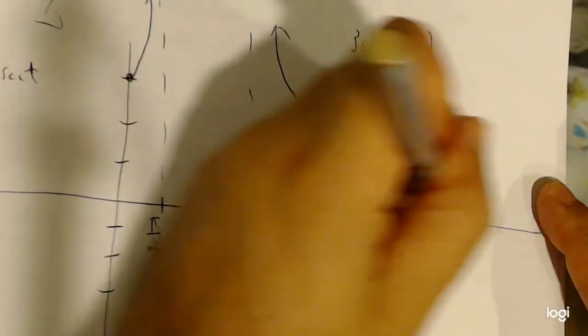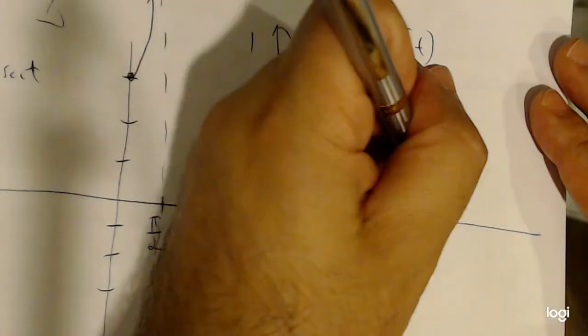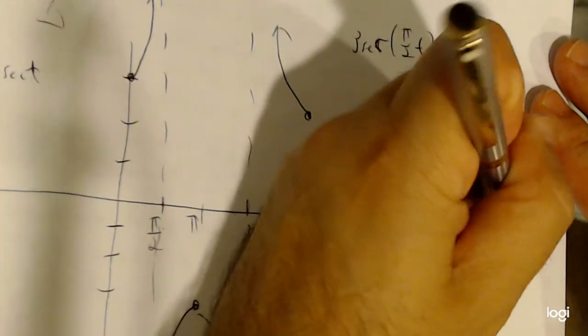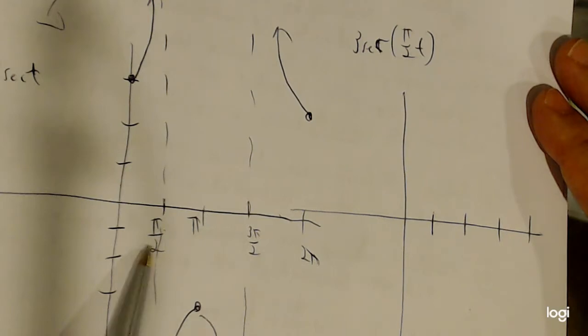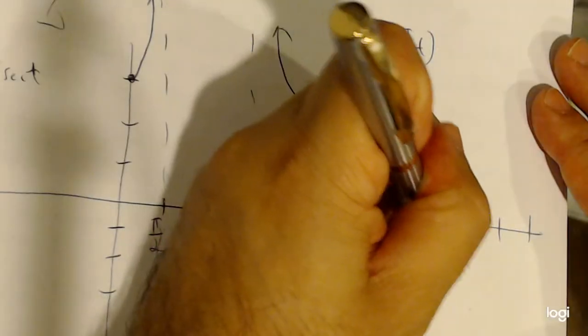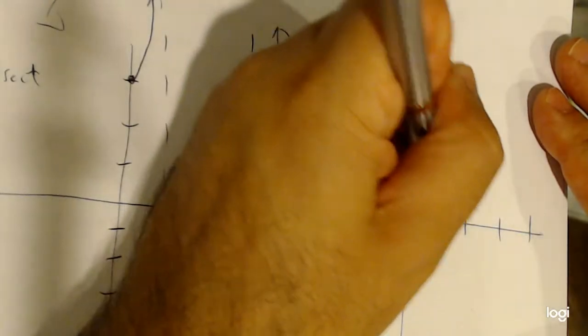Our x values will change, our y values won't change. So pi over 2, when I divide it by pi over 2, becomes 1. And at 1, now we have our vertical asymptote.